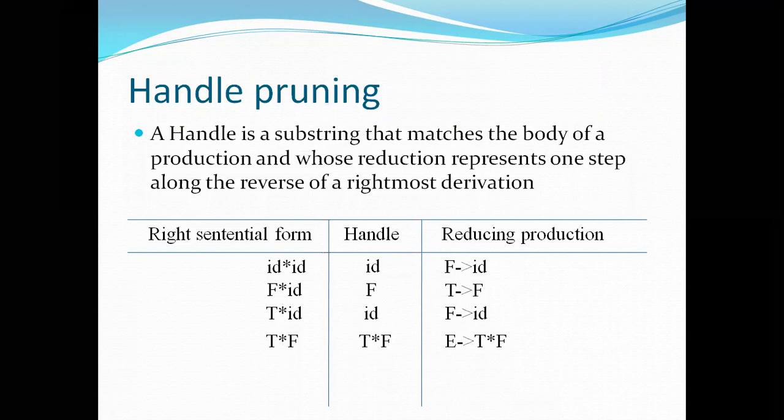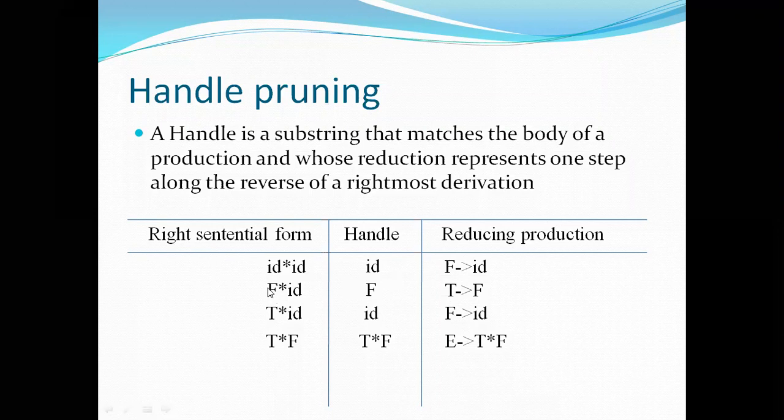By using rightmost derivation, we can construct the given input string to a starting symbol by using right sentential form. So by using rightmost derivation, we are using right sentential form, handle, and reducing production. Reducing production means what production we are using to replace that particular substring with a non-terminal.